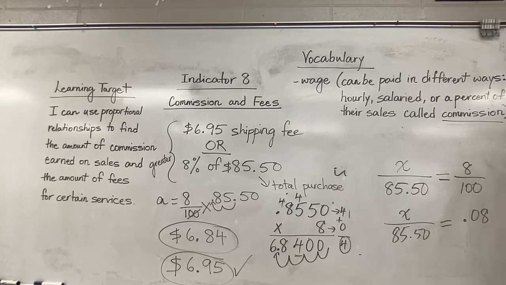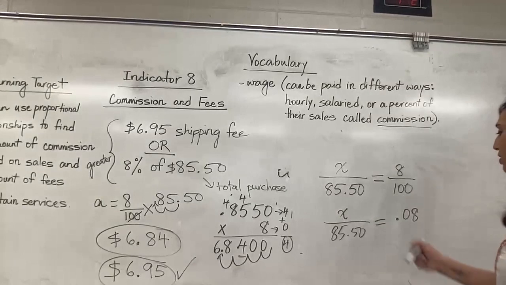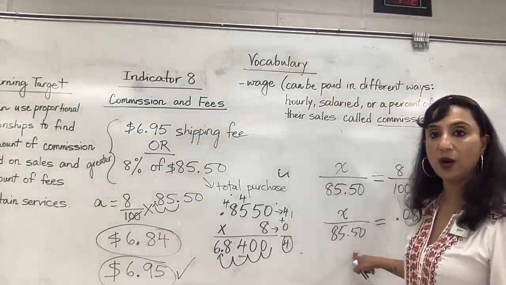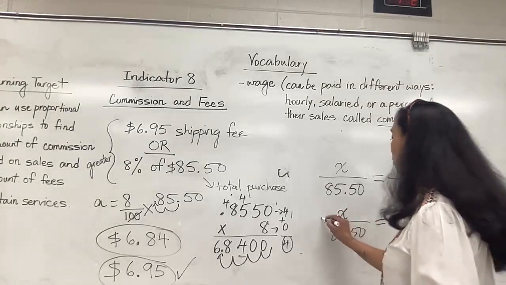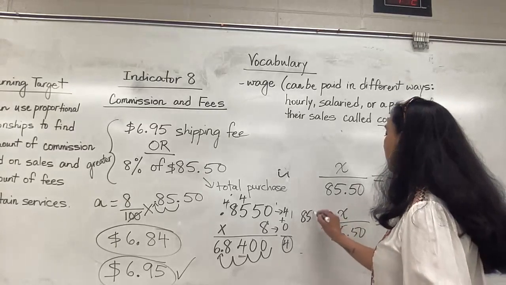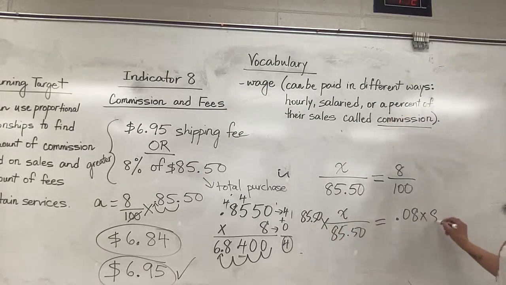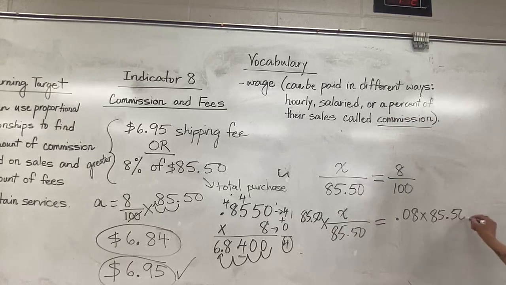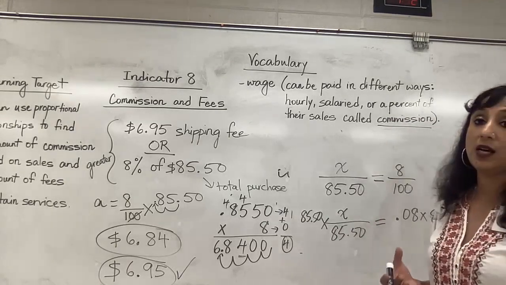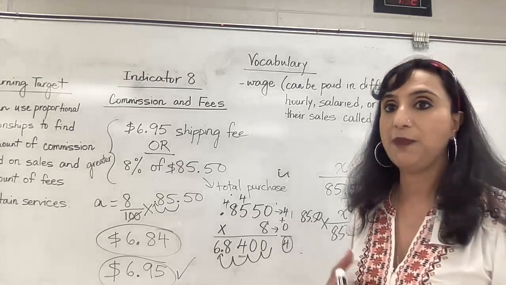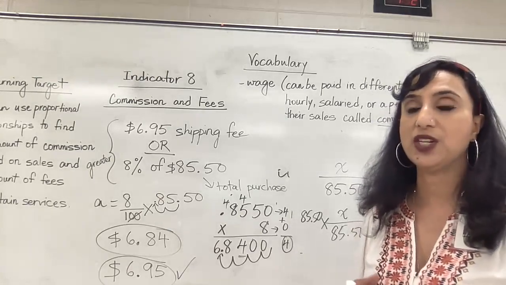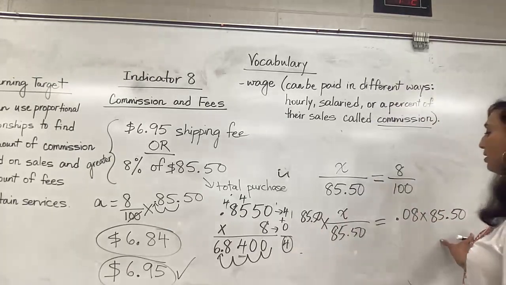And then it's a simple one-step equation where I have division. So the inverse operation is multiplication, and I am going to multiply both sides by 85.50, because whatever I do on one side of the equation, I've got to balance it with the same operation on the other side.